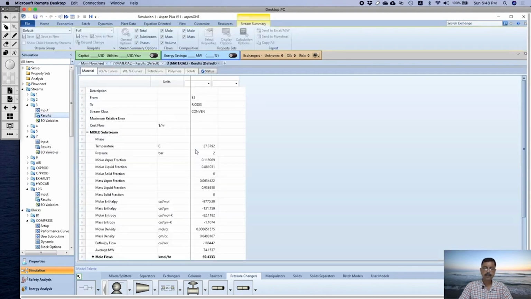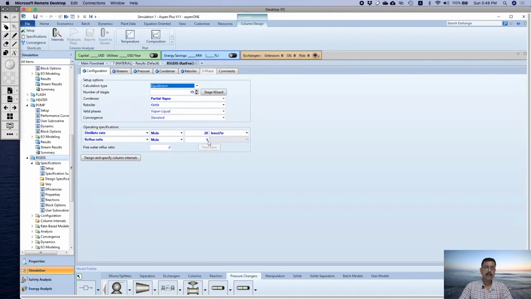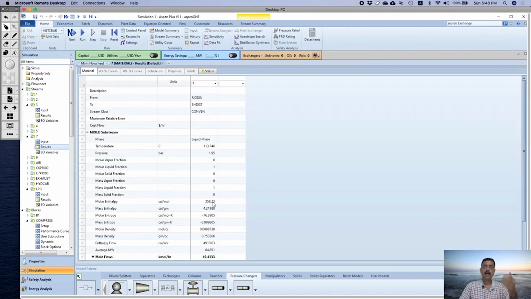So this much of enthalpy is needed, or if we decrease the reflux ratio to 3, then the logical conclusion is the molar enthalpy of this stream should increase. Okay, so this one should increase, 358.3 should go higher.